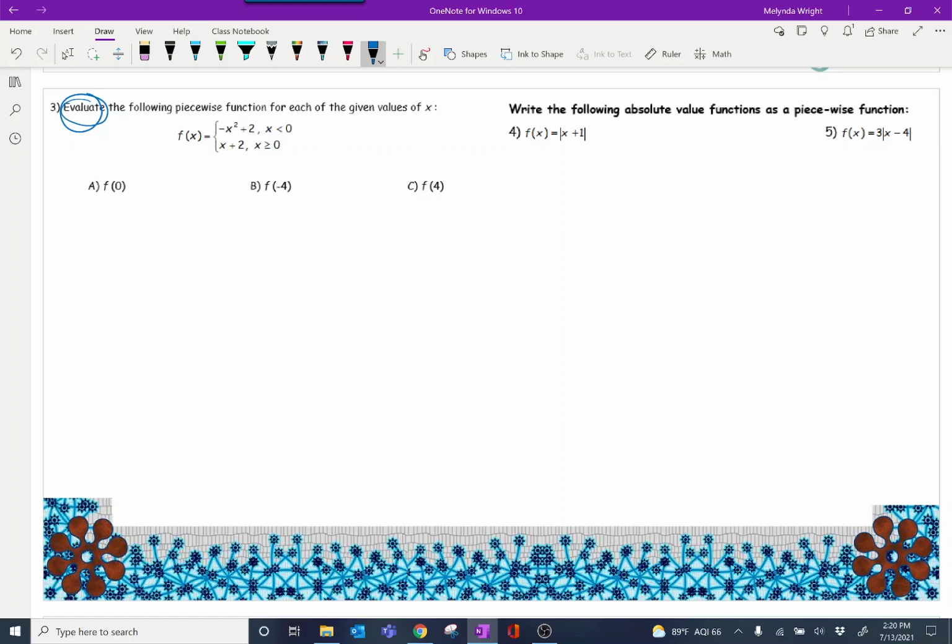Well, it's a piecewise function, so we need to see which piece x equals 0 fits into. And we can see that x is greater than or equal to 0, that fits in the bottom piece.